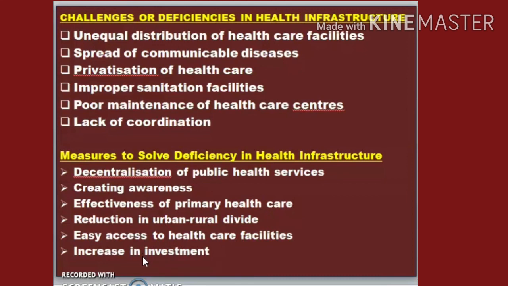New innovations and research can be carried out to develop treatment for some dangerous diseases, and the private sector and foreign sector can also be given more concessions and incentives so that investments can increase at all levels. So these points are to be noted for the development of the health sector.